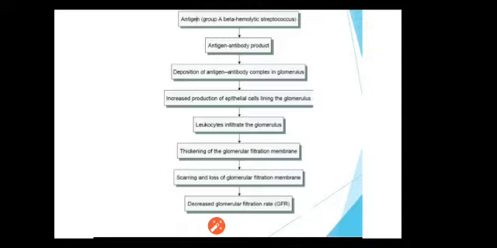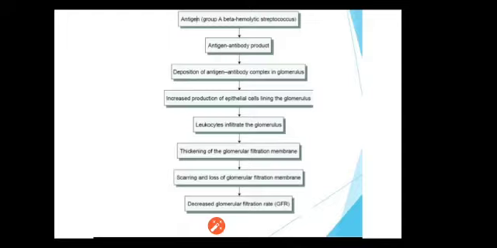Pathophysiology, I'm repeating it again. When the antigen or the etiological factors enter into the body, streptococci or any drugs, in hypersensitive cases like painkillers, it also affects the kidney function. So this will provoke the antibodies.